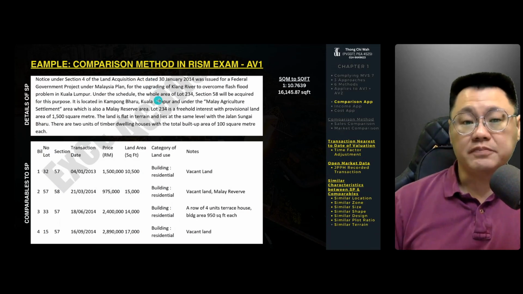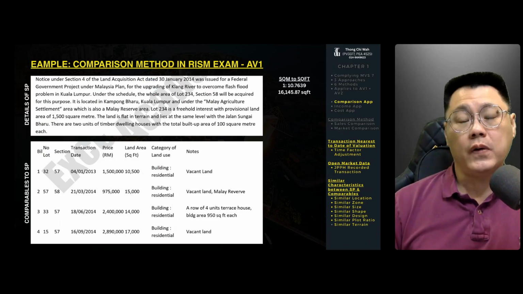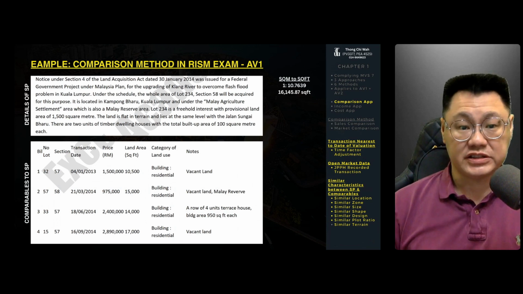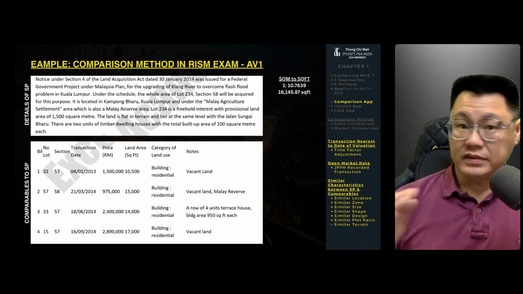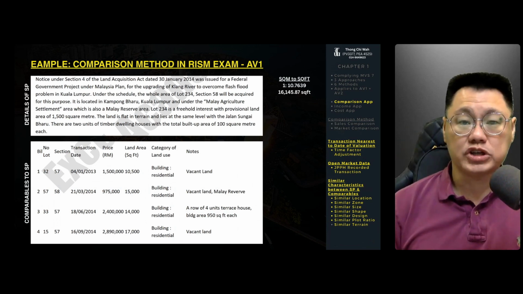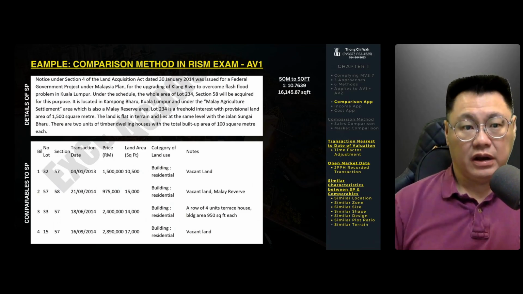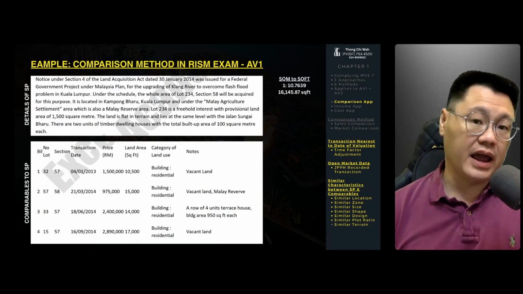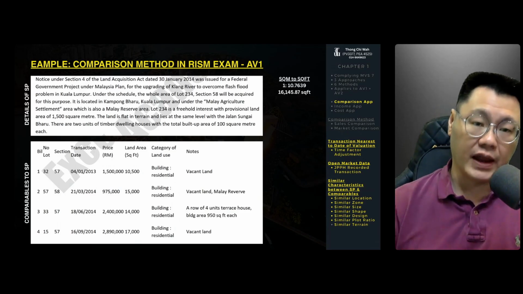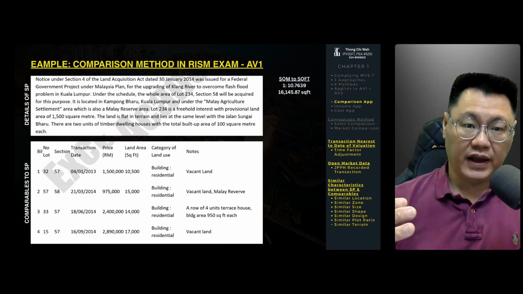In this particular case, Lot 234 happens to be a Malay agriculture settlement, a Malay reserve. It does not matter. As long as it is land acquisition, even Malay reserve, government property, even native Orang Asli's land, also Sultan's land will be valued at market value.